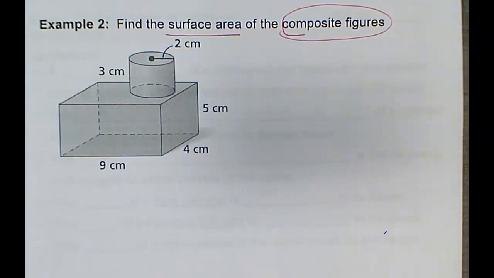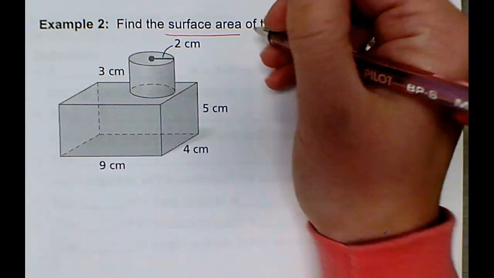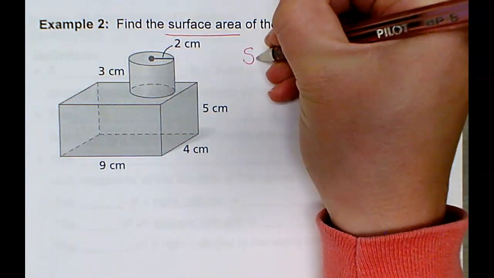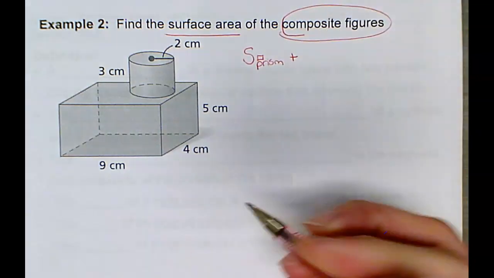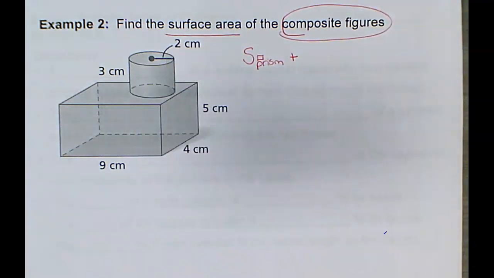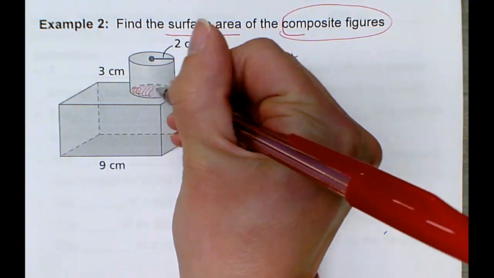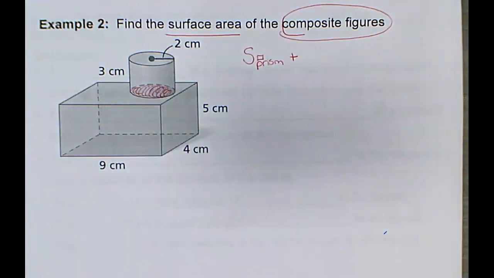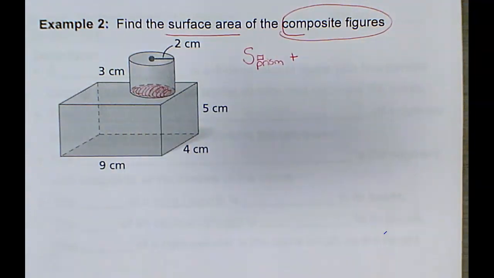So hopefully you were able to come up with a plan. Your plan should probably include the surface area of the rectangular prism, and we should be adding to it the surface area up here. Well, there's a few different ways that you can add the surface area of the cylinder, but not overlap. And the issue is this base right here. This base is part of the cylinder, but it's also part of the area of the top of the rectangular prism.